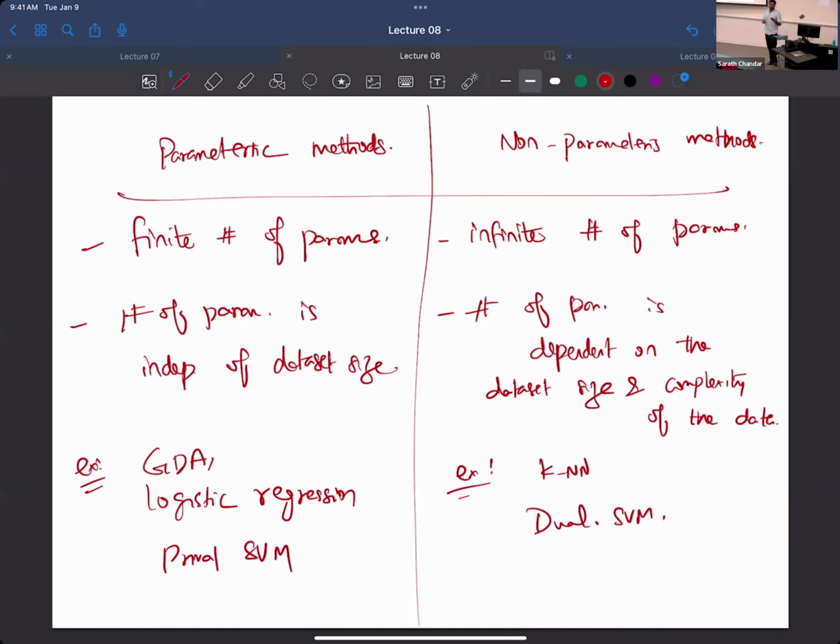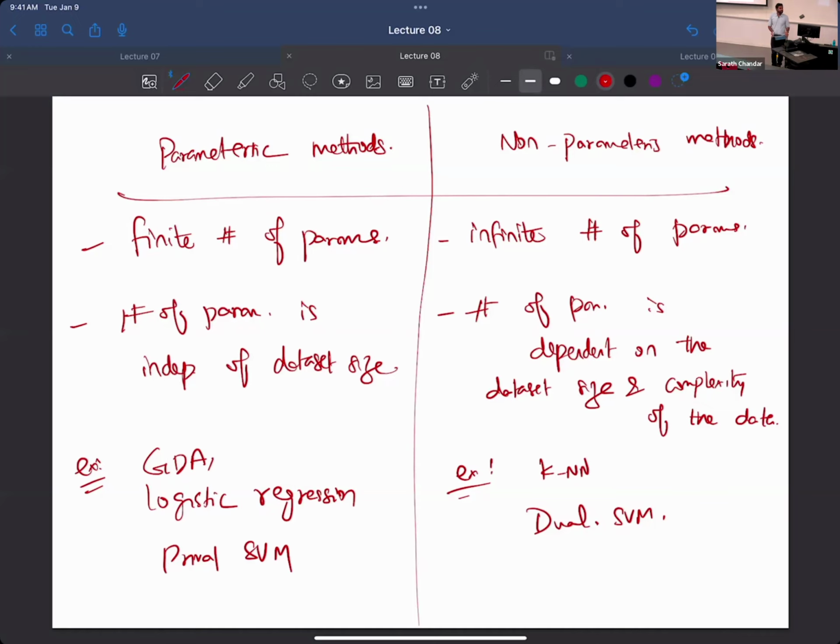If you remember, in the primal form of the SVM, the equation was in terms of W, right? However, for the dual form of SVM, the equation was based on the support vectors, right? Now, if you have a really complex problem, then the number of support vectors might increase. So based on the complexity of the data, you could have more parameters in non-parametric methods.